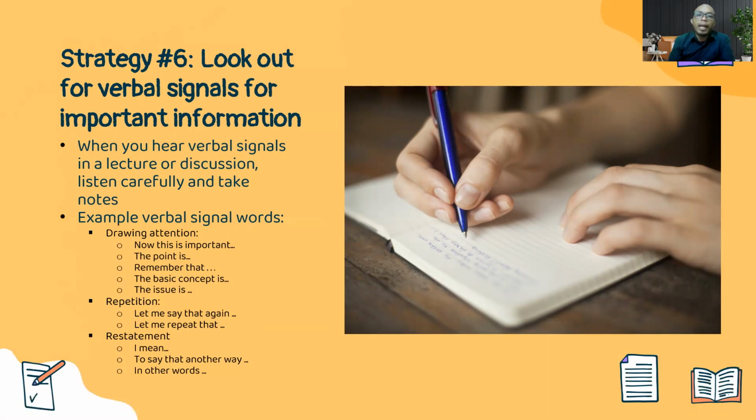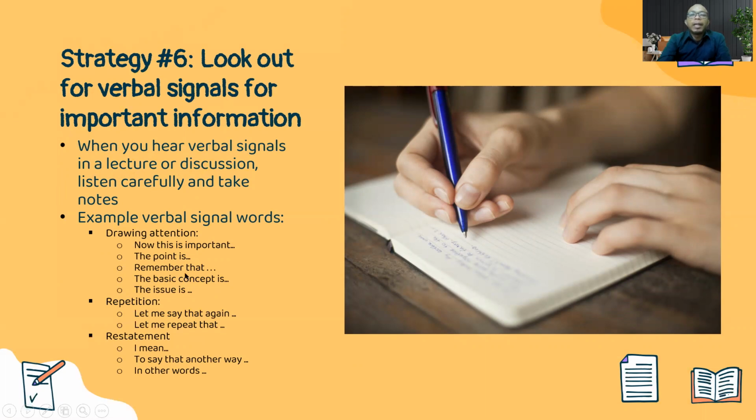So maybe you're asking, how do I know that this is an important piece of information? The listening usually gives you a clue, and that clue is verbal signals. Okay, so when you hear verbal signals in a lecture or discussion or conversation, listen carefully and take notes about the information with the verbal signals.